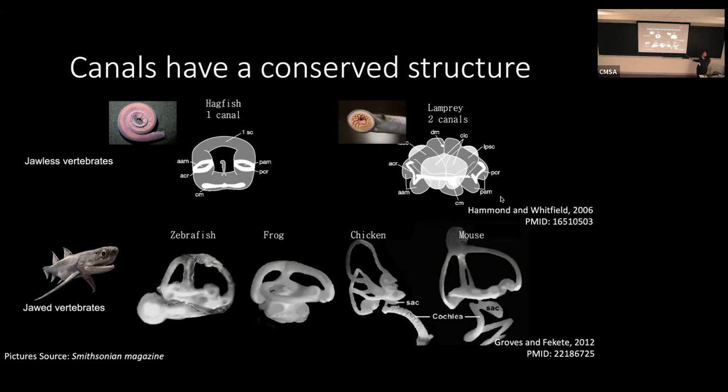So beyond these canals, that are helping us to sense this angular acceleration, we also have otoliths, and several invertebrates have otoliths. So squids would have otoliths. That is a much more, I would say, ancient structure than semicircular canals. It is an evolving structure.